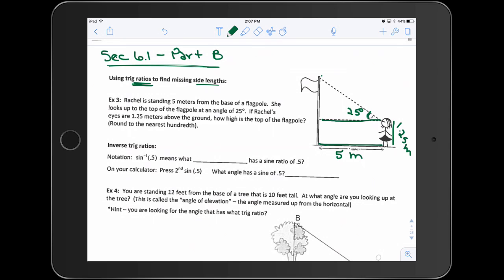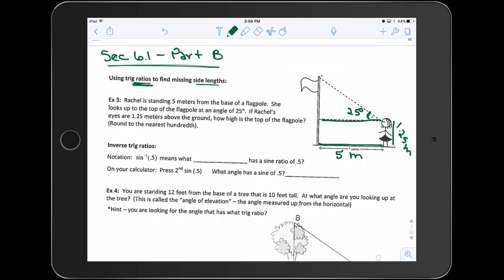She looks up at the top of the flagpole at an angle of 25 degrees, and that is an example of angle of elevation because she's looking at the horizon then elevating up to the top of that flagpole. That comes up quite a bit later, so I wanted to start using those words. So we have a 25-degree angle of elevation. If Rachel's eyes are 1.25 meters above the ground, how high is the top of the flagpole? Round to the nearest hundredth.